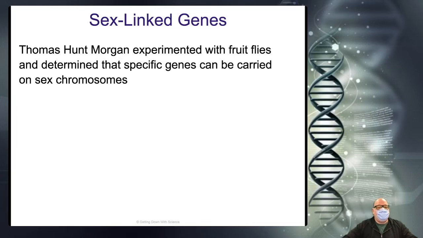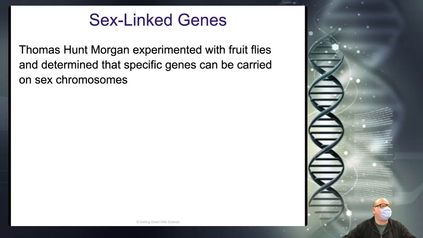This guy named Morgan experimented with fruit flies, which only have 2 chromosomes, which made it pretty easy to figure out. This was before DNA analysis and gene mapping. He determined that traits can be carried on sex chromosomes.